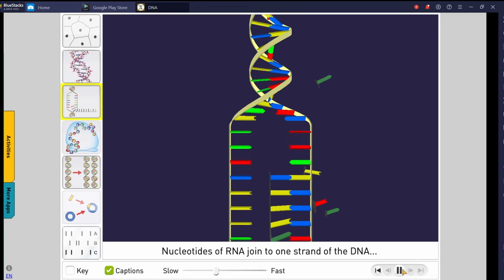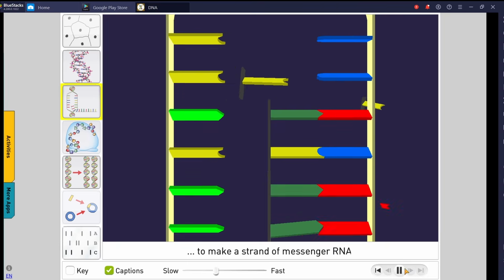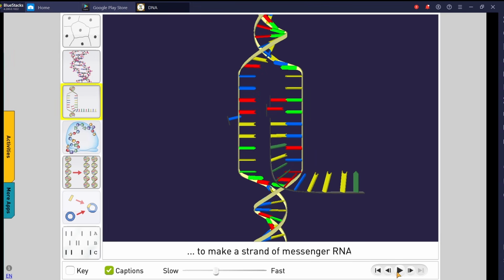So this process of joining still follows the base pairing that we have discussed in the previous videos. However, since this strand is RNA, you will expect that it would attach uracil to adenine instead of thymine.